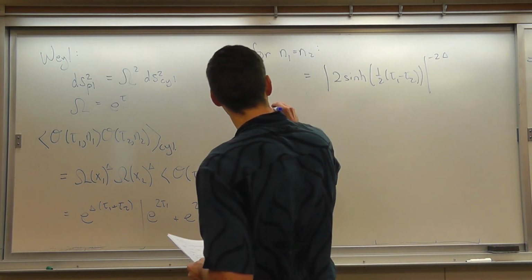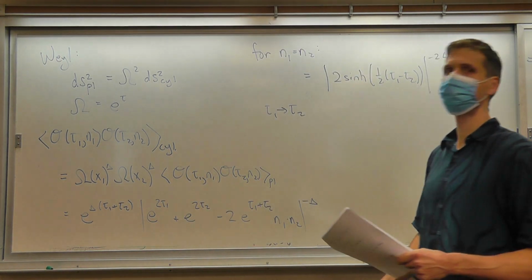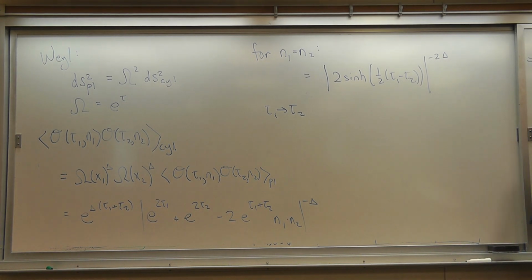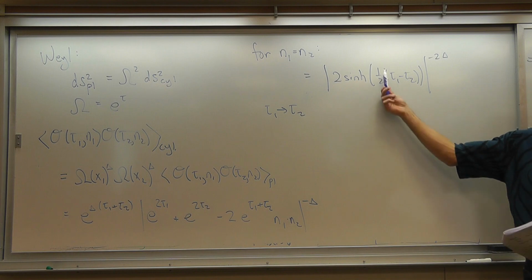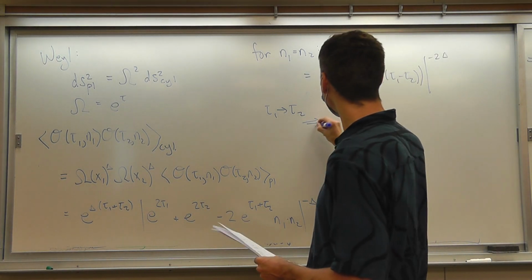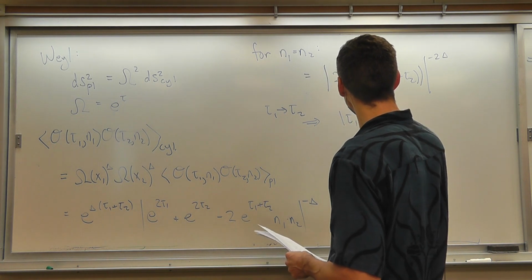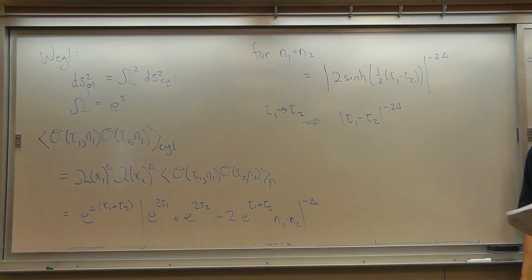And if you now take tau 1 to tau 2, the sinh goes away, and the 1/2 and 2 go away. So this just becomes (tau 1 minus tau 2) to the minus 2 delta, which you'll recognize as the answer on the plane.